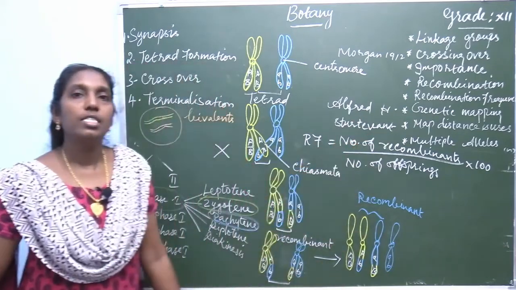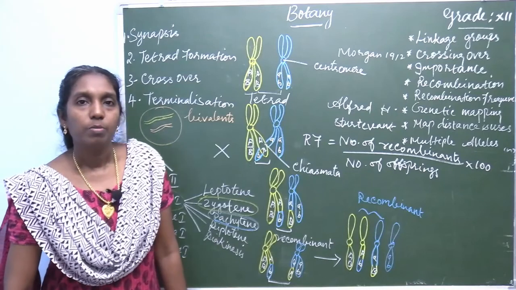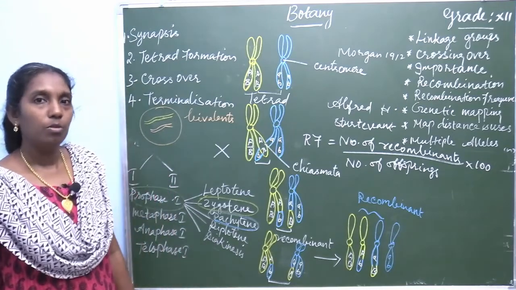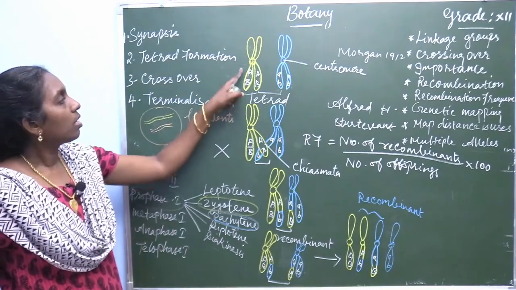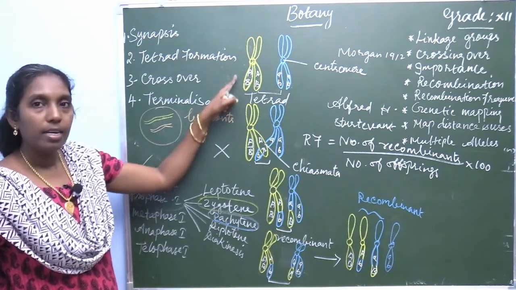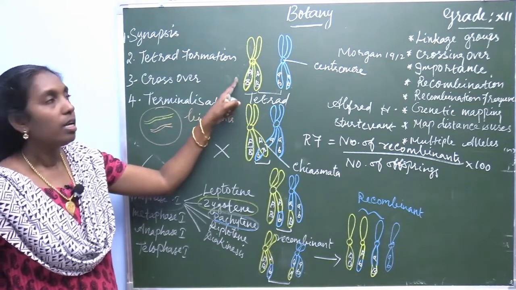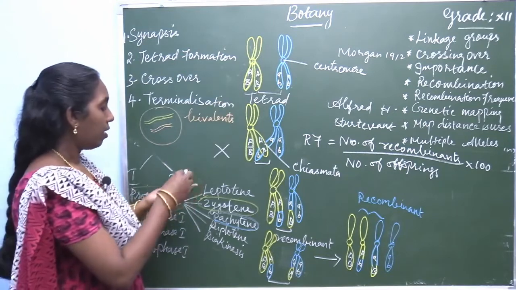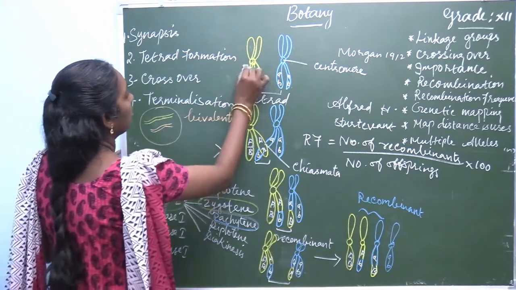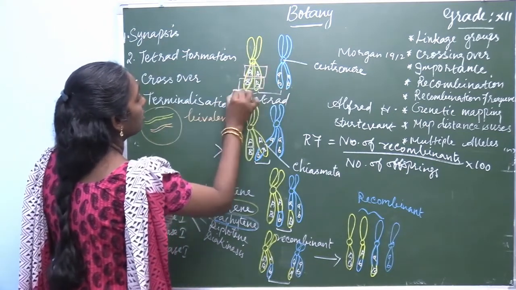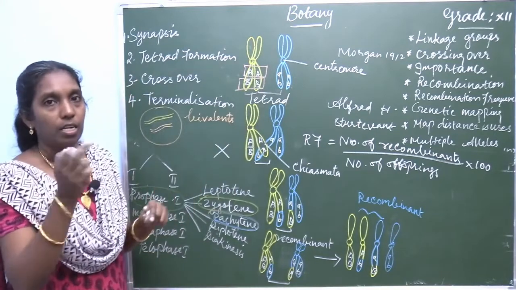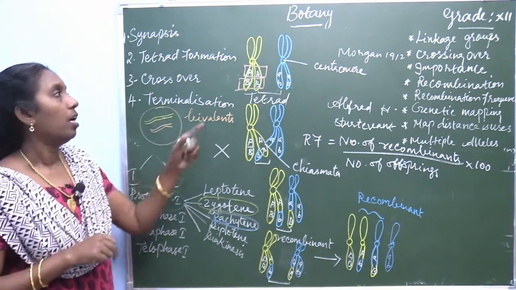Then, genetic mapping. What is meant by genetic mapping? You know very well the genes are located within the chromosome in linear order, and each gene has a specific position called a locus. This is one locus, this is another locus, and the plural is loci.